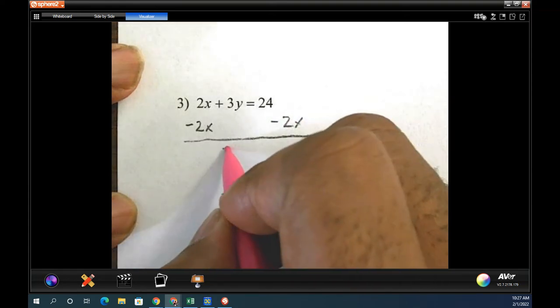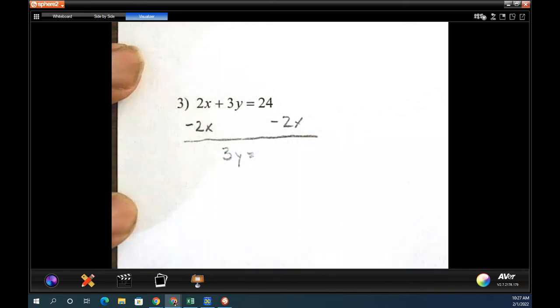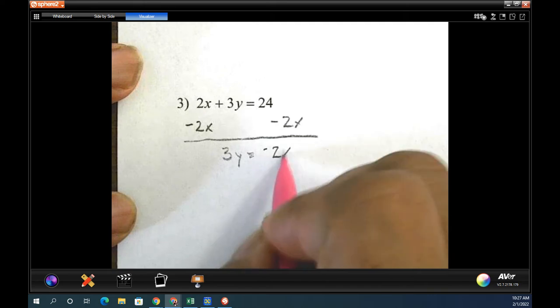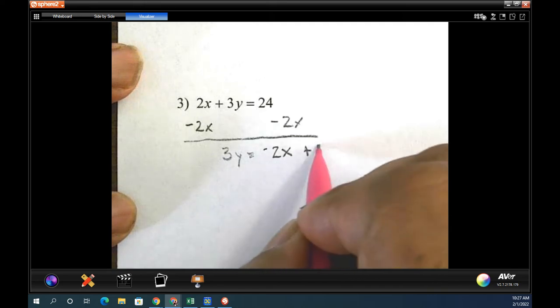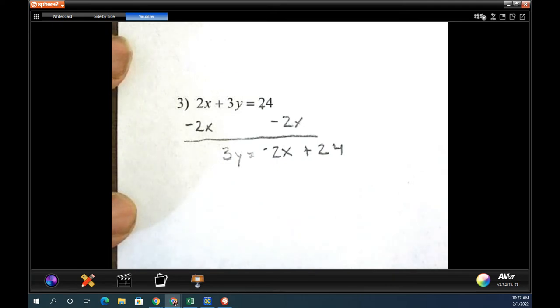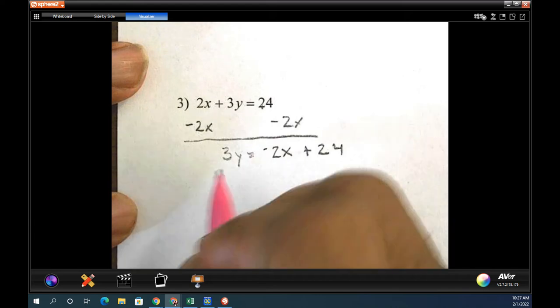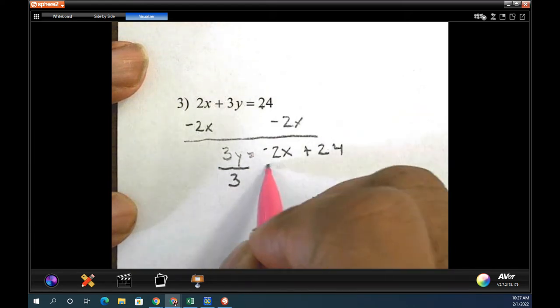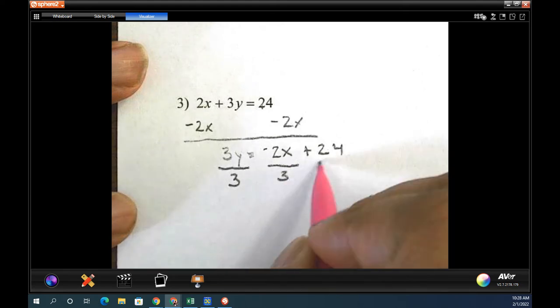So you have 3y is equal to negative 2x plus 24. Don't forget that. This is positive. Can we get that far? Now, the last thing, divide everything by the coefficient of y, which is 3. So we divide everything by 3.